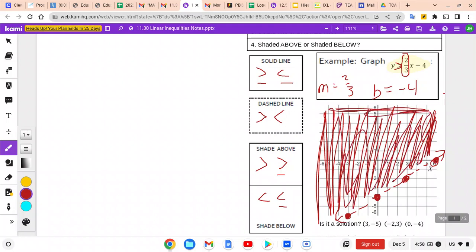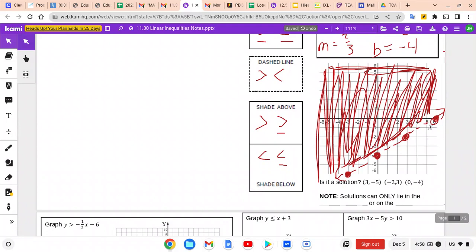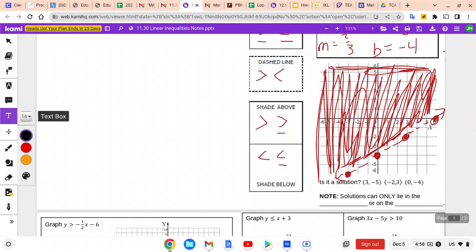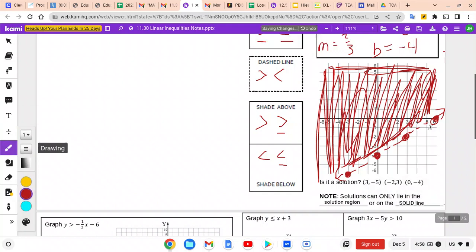We're shading above. Now, all this red shaded area is the solution region. Solutions can only lie in the solution region or on a solid line. Okay, keep that in mind.